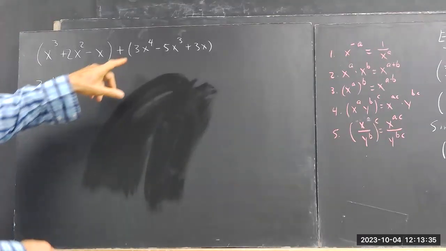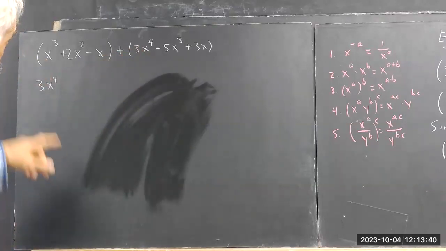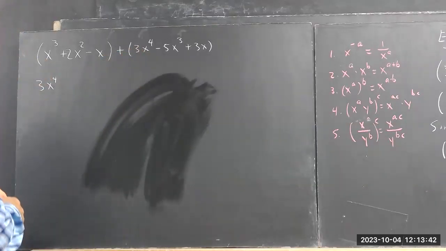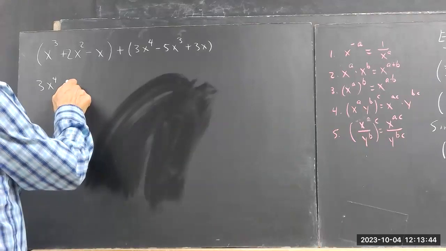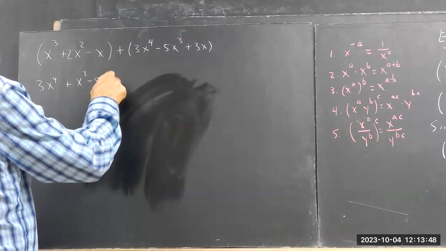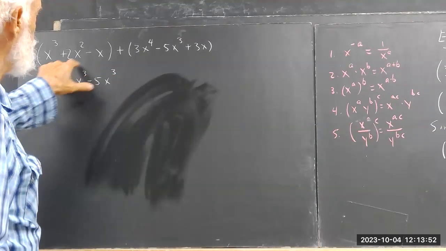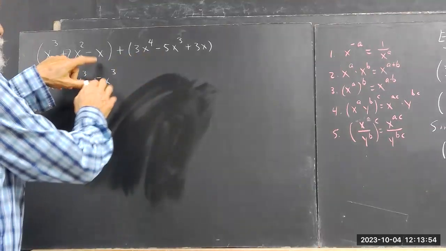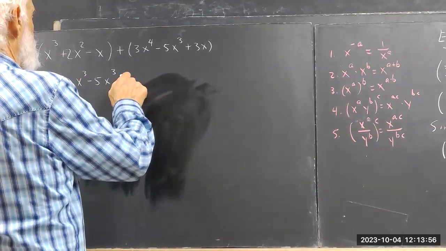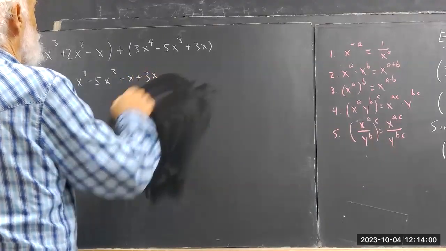We usually list the highest exponent first. And then we're going to have plus x cubed minus 5x cubed. So we list our x cubes next, and then we list our x's next. That'll be minus x plus 3x.